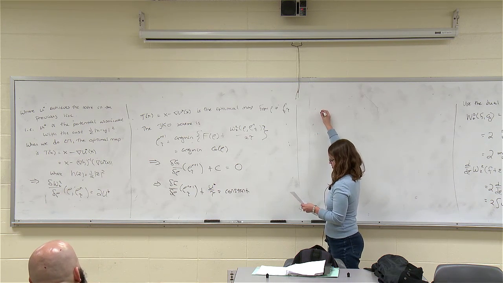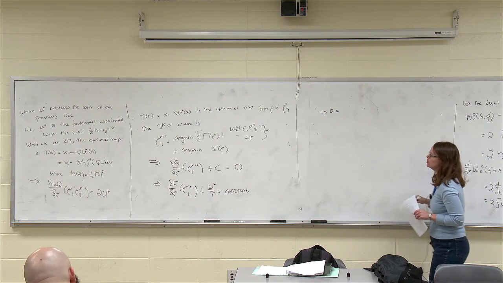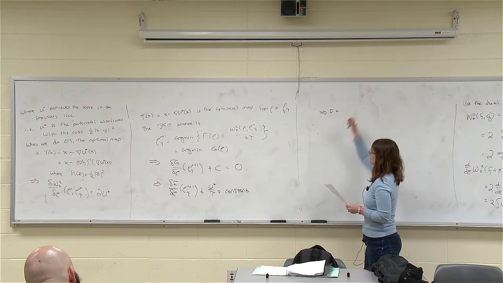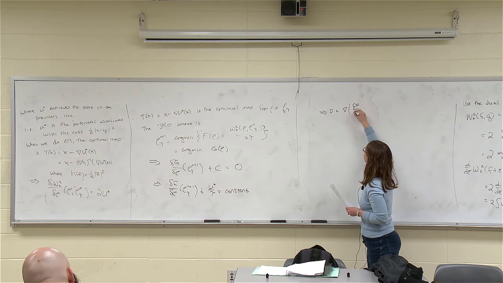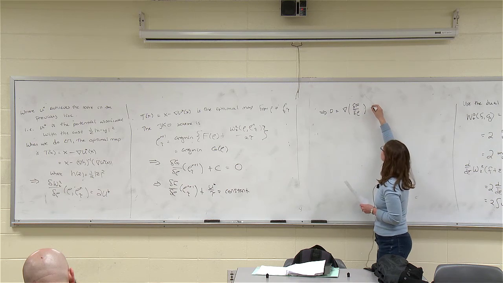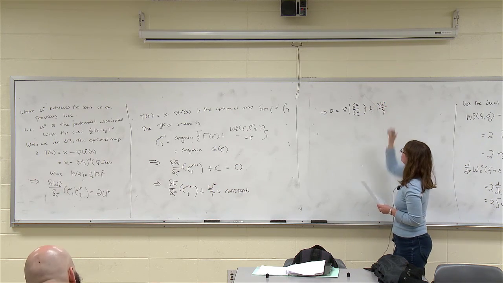So we'll say that 0, the gradient of my constant, is equal to the gradient of my first variation of F plus gradient of u divided by tau.